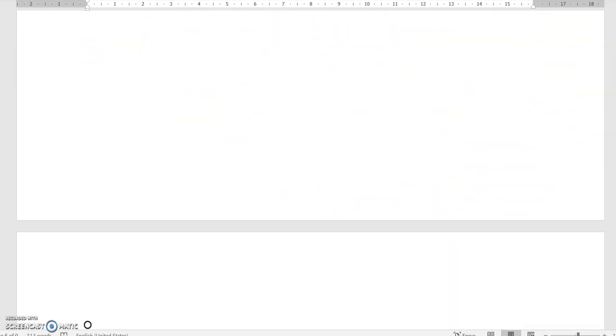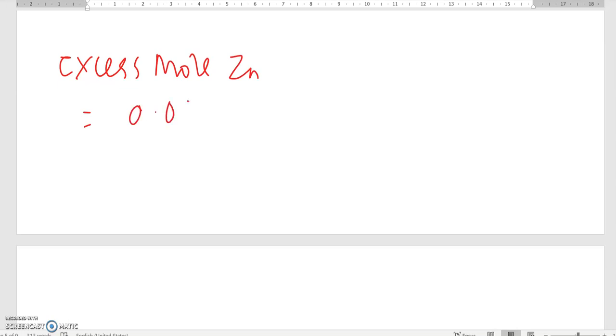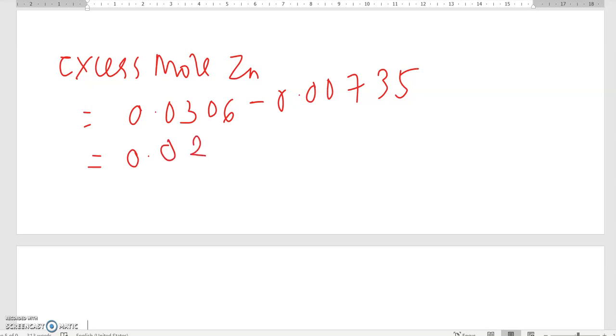So you can find the mole excess of zinc: 0.0306 minus 0.00735 mole, so the mole remain is 0.02325 mole.